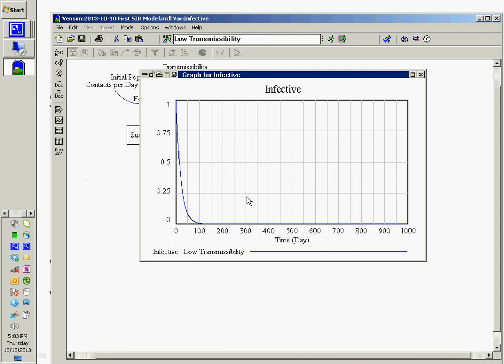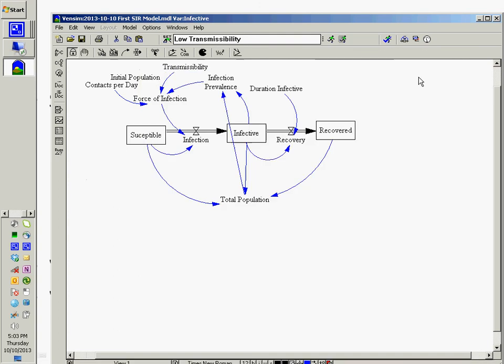Their basic reproductive number, the number of people they infect over the course of their illness, is what? Imagine if they were surrounded by purely susceptibles, which is basically the case at the beginning. Each of those persons would come into contact with how many contacts per day? 10. Each of those contacts would have a chance of transmissibility of what?